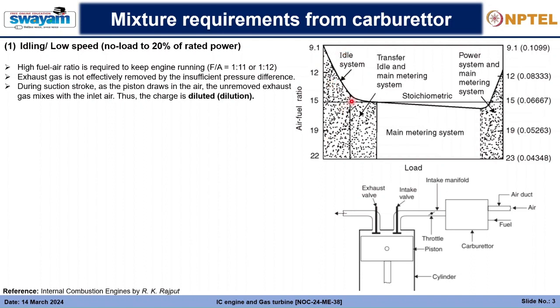Then the idle system should be applied, and here the air-fuel ratio is quite low, or the fuel-air ratio is quite high. So you see more fuel should be supplied in this kind of system, and that's a contradicting statement, because the engine is at rest, at the lowest RPM, but still we'll have to supply a huge amount of fuel.